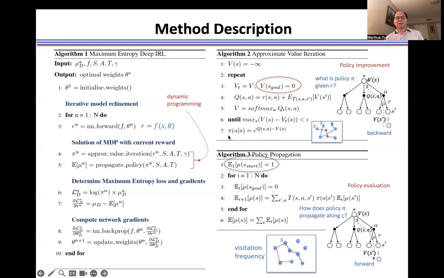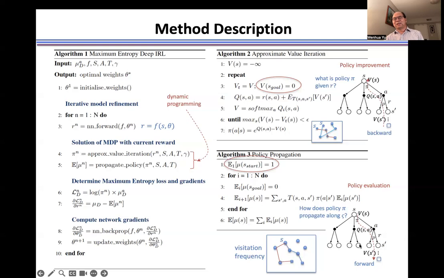And then we use this policy pi in the policy evaluation step. That means we propagate this pi at the state S along all the possible trajectories until the terminal state, to see the probability distribution over all the possible states.